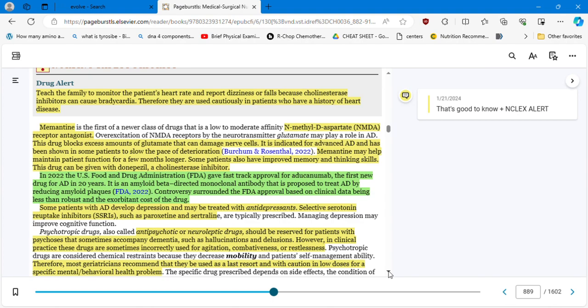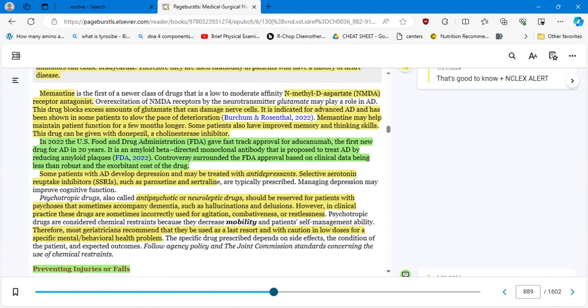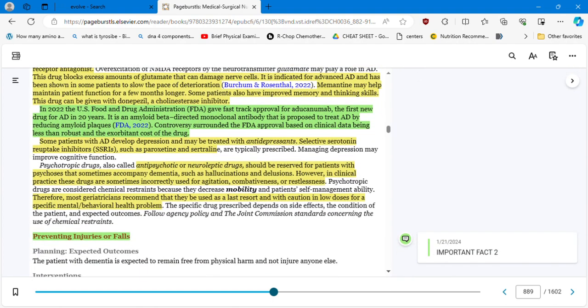Some patients with AD develop depression and may be treated with antidepressants, like we mentioned before, the SSRIs, sertraline. Psychotropic drugs or neuroleptic drugs should be reserved for patients with psychosis that sometimes accompany dementia, such as hallucinations or delusions. However, in clinical practice, these drugs are sometimes incorrectly used for agitation, combativeness, and restlessness.